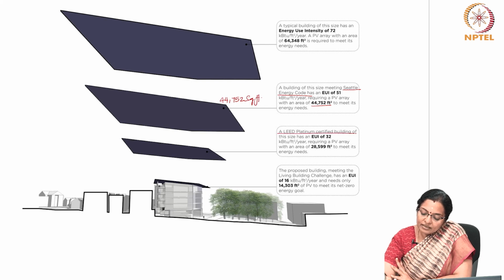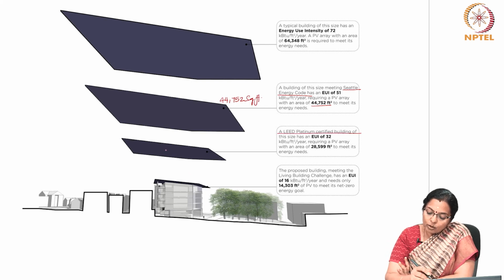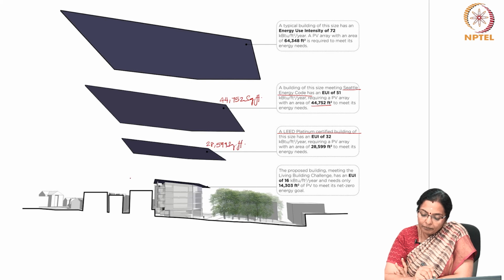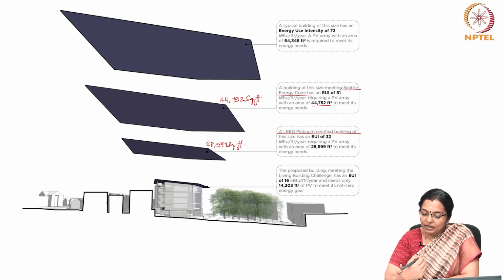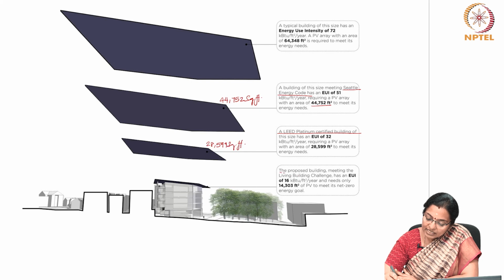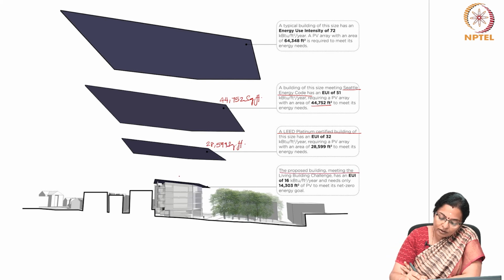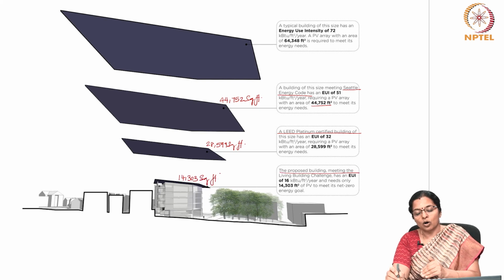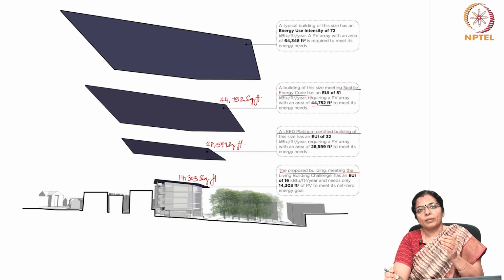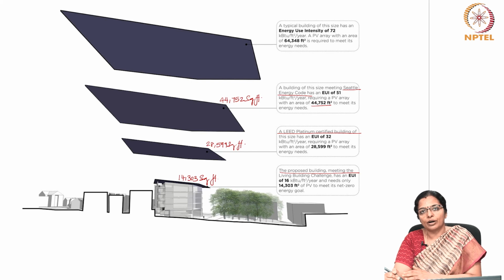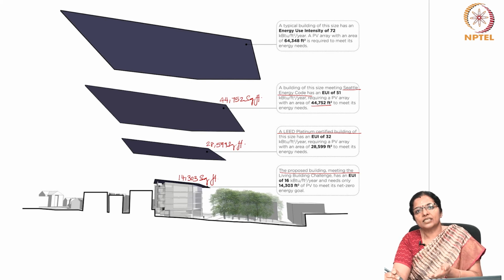A LEED Platinum certified building requires 28,599 square feet of solar PV in order to enable the functioning of this building, whereas the actual design required only 14,303 square feet of solar PV panels. That is because the consumption of energy in this building became much less by virtue of adopting the other passive strategies.